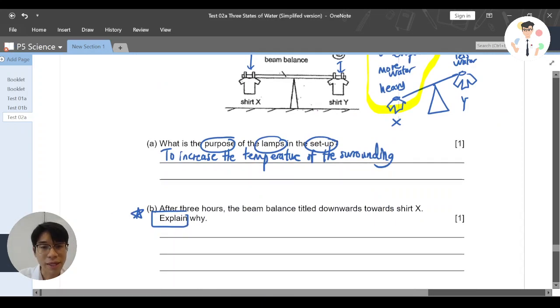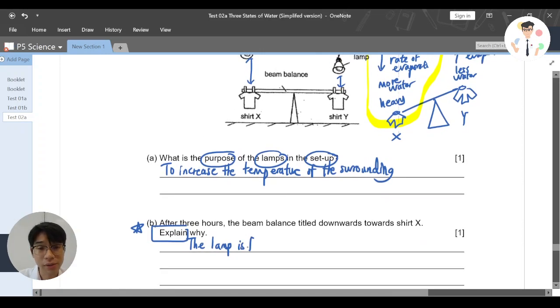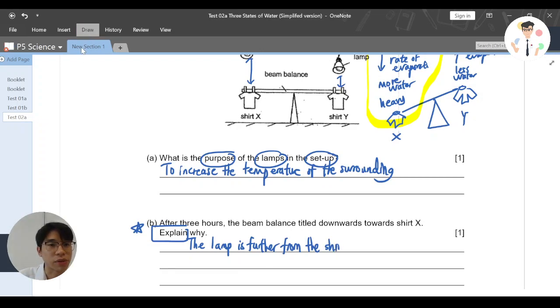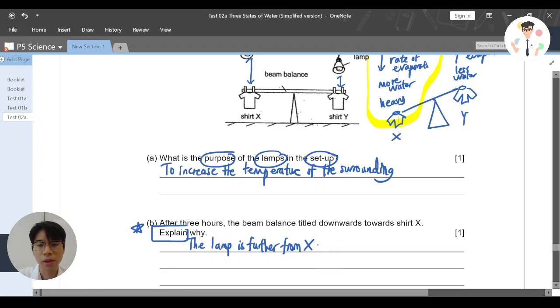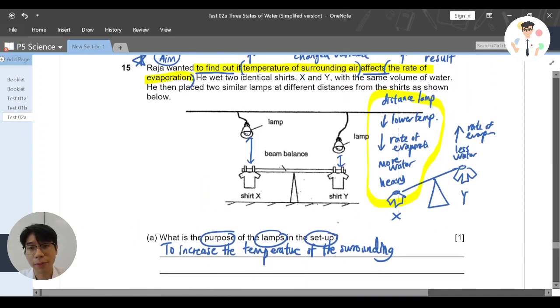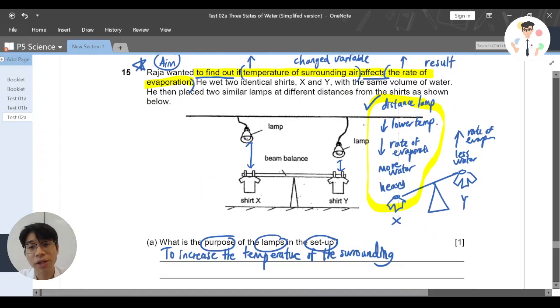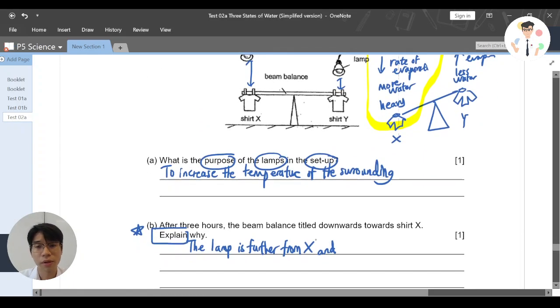So the first, the lamp is further from shirt X. Let me just use the word X, from X, and because it's further, that's why the temperature of the surrounding is lower.